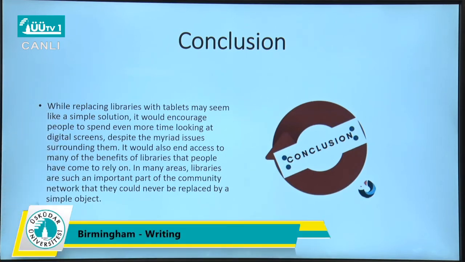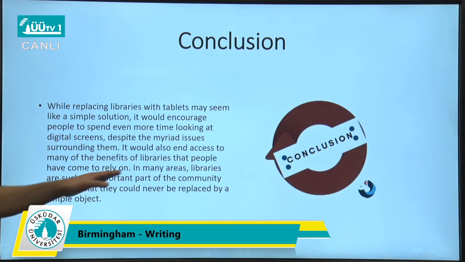So while replacing libraries with tablets may seem like a simple solution, it would encourage people to spend even more time looking at digital screens despite the myriad issues surrounding them. It would also end access to many of the benefits of libraries that people have come to rely on. In many areas, libraries are such an important part of the community network that they could never be replaced by a simple object.